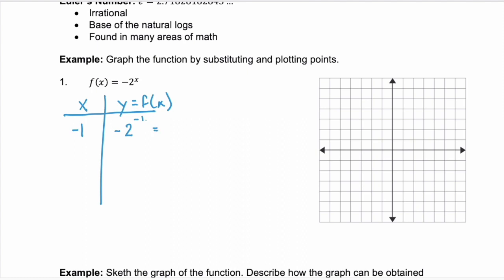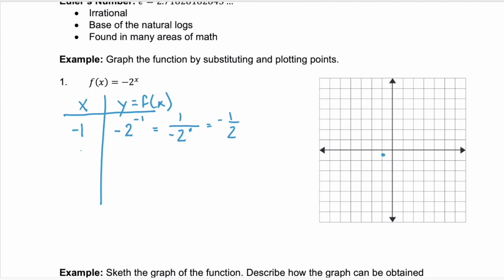Remember, an exponent that's negative puts that value into the denominator with a positive exponent. And 2 to the 1 just stays itself. So this is -1/2. So we can plot this point, -1, -1/2.